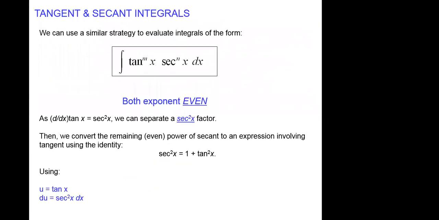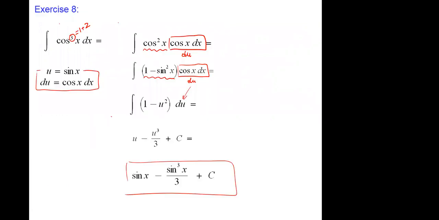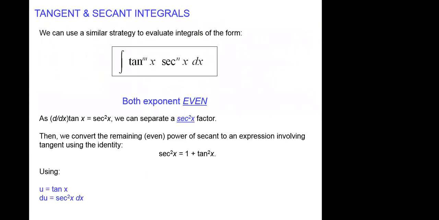Okay, another example. Now, that means we know how to deal with sine of x times cosine of x. The other part of this section is another product, tangent and secant. Tangent of x to the power of m and secant of x to the power of n. Okay? And similar situation, similar idea, concept.